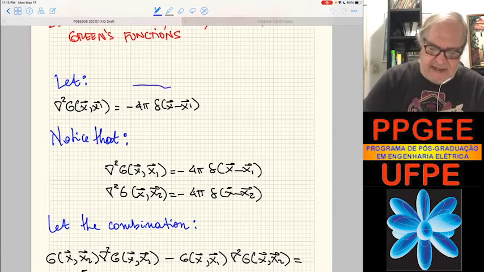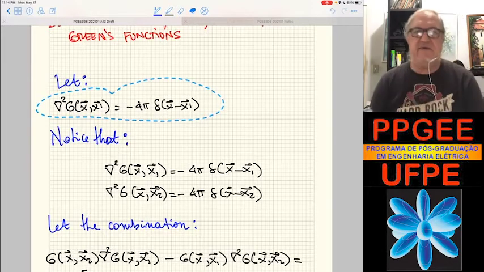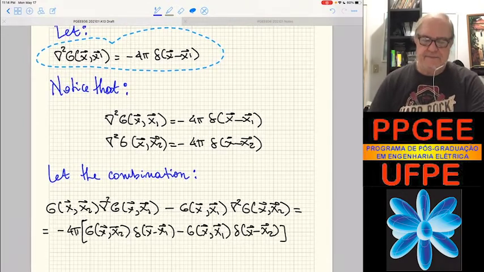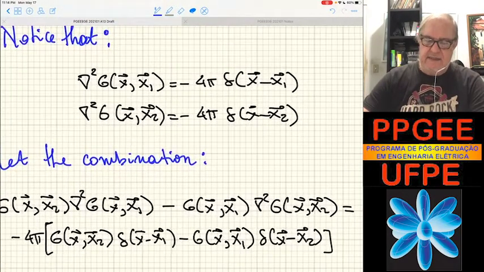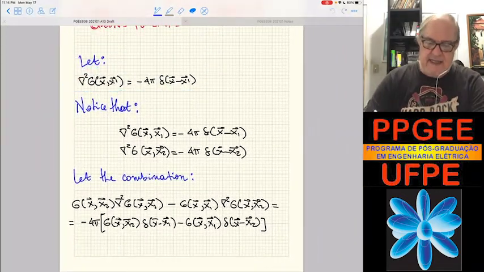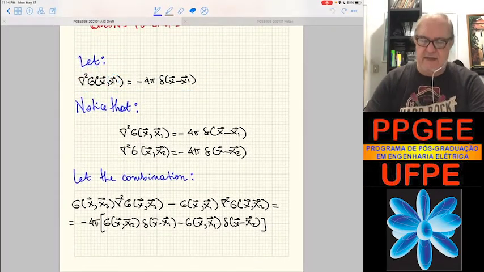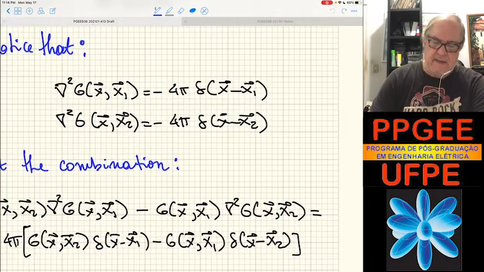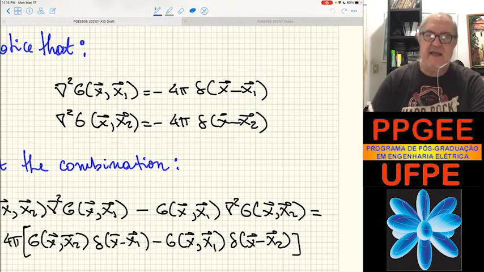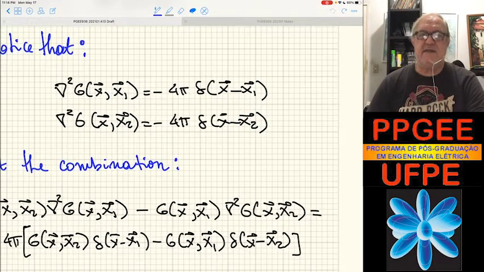So the Green's function, by definition, is governed by this differential equation, the Poisson's equation, right? We can just notice the singularity is at the second argument, which is this one here. So if you put x1 here, the singularity is right there; x2 here, singularity is out there. So let's do some tricks here to see how we get to the symmetry.